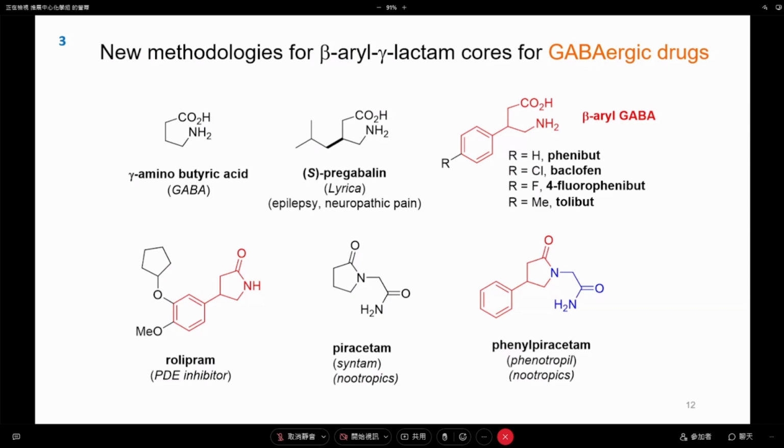The first one is this, and this is phenyl piracetam. Without the phenyl, this is piracetam. It was used as a smart drug, such as my mom. She took this for memory. Incorporating the phenyl group will increase the BBB penetration. And this is the phenyl piracetam, which is very suitable for our methodology.